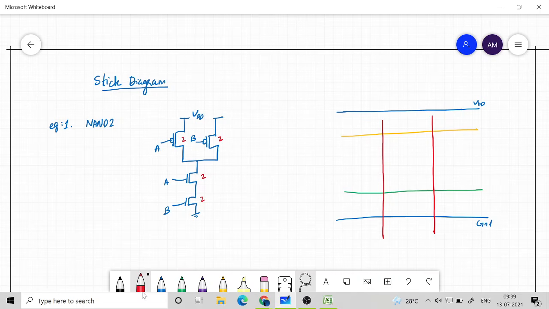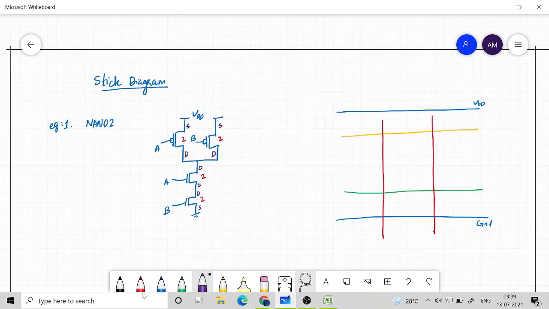Now all that is left is making connections. Before making connections, we need to identify the source and drain of the different transistors. So if you look here, this is source and these are drain. So drain, source, drain, source. This is the way it is to be connected.